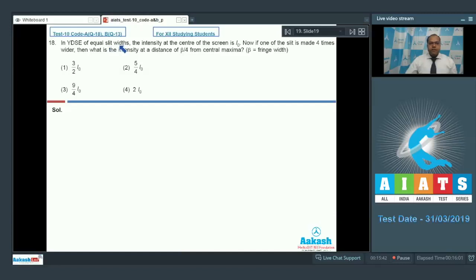In question number 18, in YDSE of equal slit width, if one of the slits is made 4 times wider, then what is the intensity at a distance of beta by 4 from the central maximum? Let the intensity from both the slits be I. Then in the first case we can write 4I equals I naught, so the value of I comes out to be I naught by 4.